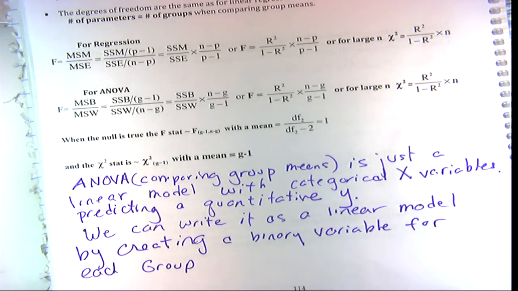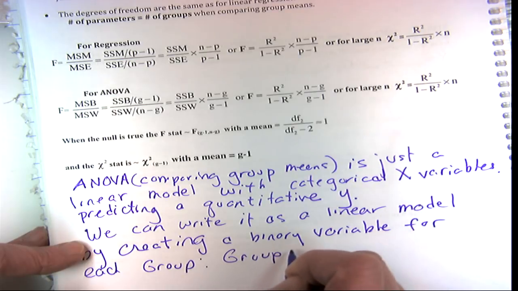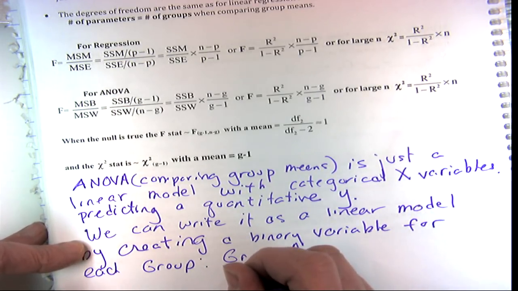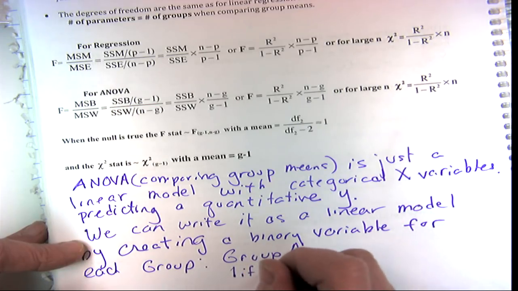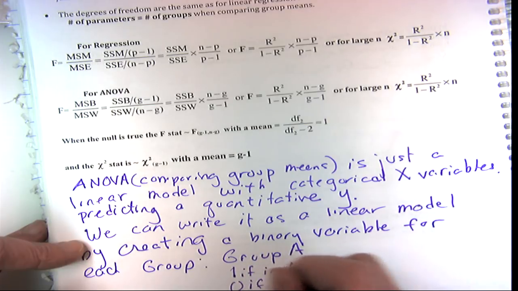So group A will be 1 if you're in group A, 0 if not.